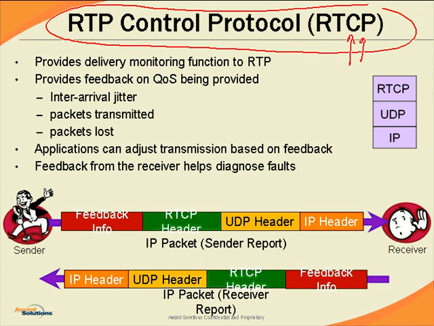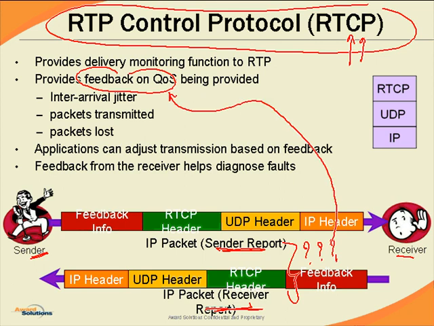The control protocol. So what are we doing with the control protocol? So basically there is feedback on the quality of service. So the sender is sending some reports, the receiver is sending some reports, and what do those reports include? Information about the quality of service.